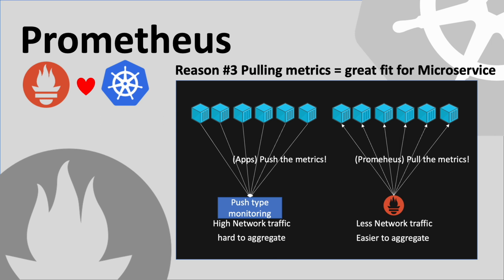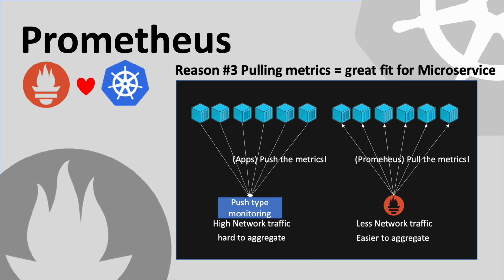Third, pulling metrics. There are two ways of collecting metrics, which are push and pull methods. The main difference is which object triggers gathering metrics. If the application pushes its metrics to the monitoring system, it's called pushing the metrics. On the other hand, if the monitoring system requires the target to collect the metrics, it's called pulling the metrics.